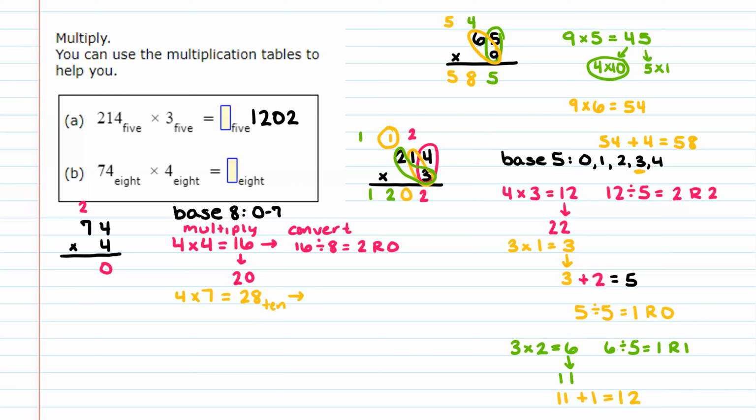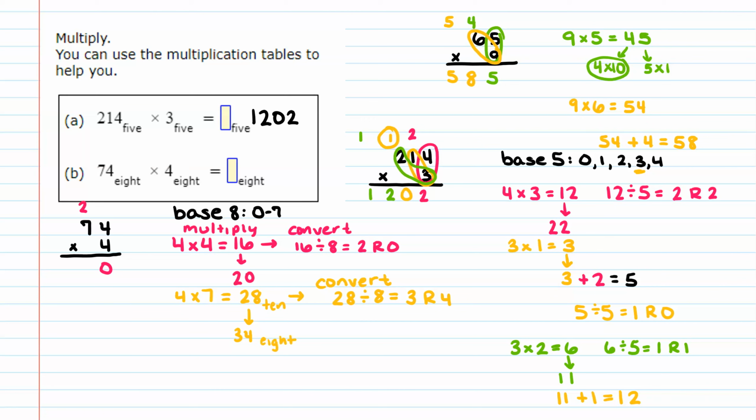So we need to convert this to base 8. So we're going to take 28 and divide it by 8. So let's see, 8 times 3 makes 24, so 3 remainder 4. So instead of writing 28 base 10, I'm going to write 3 4, and that's in base 8.